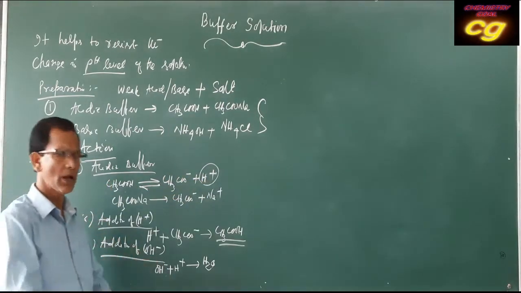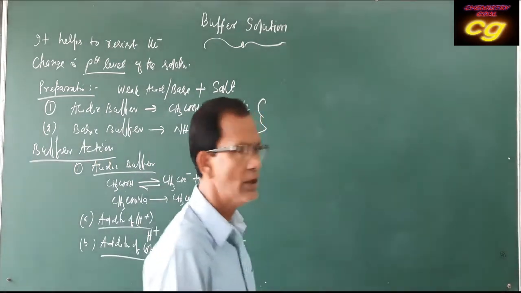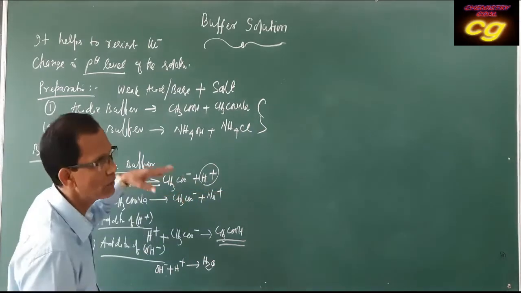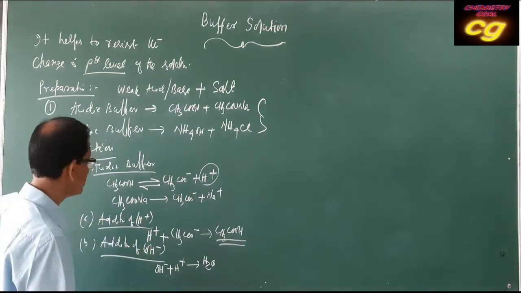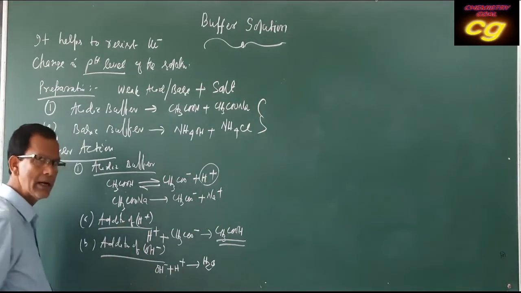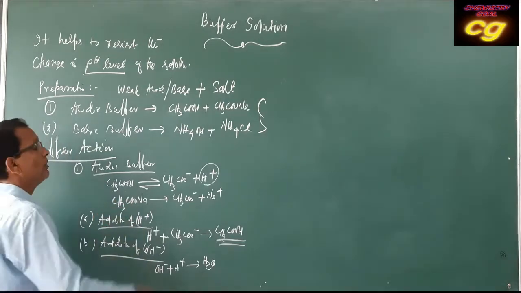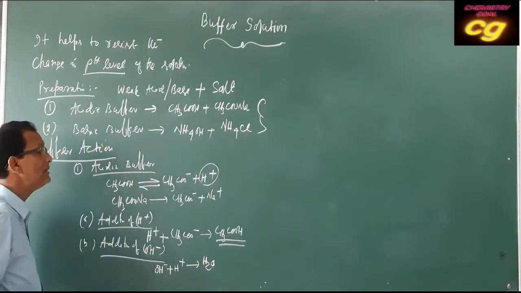So this is what we know as Le Chatelier's principle. Equilibrium can be shifted towards the forward direction or the backward direction, depending upon the change in concentration. Here, when OH minus is added, pH would increase, but the added OH minus combines with H plus ion in the solution forming undissociated acetic acid.